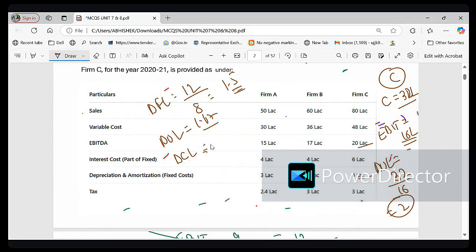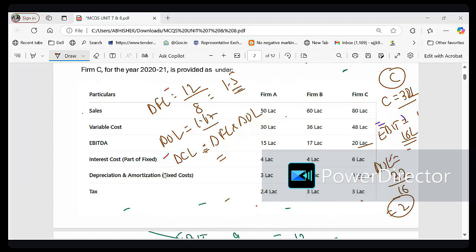DCL is called degree of combined leverage. DCL is a product of DFL and DOL. Remember it. If you find the product of DFL and DOL, you will get DCL. So multiply DFL and DOL. What will be the DCL of firm A?